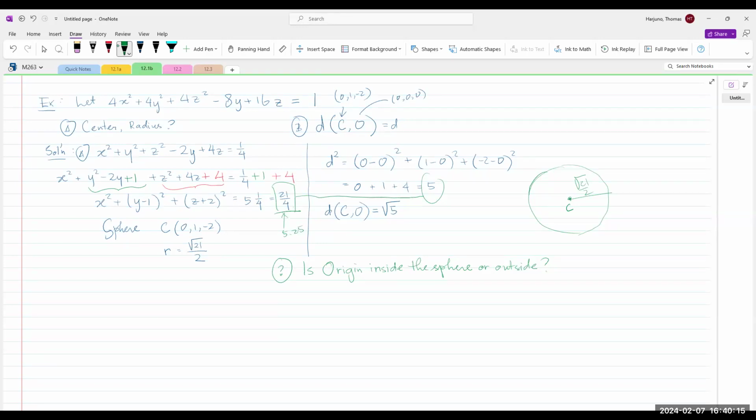Okay, so from there we see that the radius of the sphere is greater than the distance from the center to the origin. So consequently, the origin is inside, in the interior of the sphere.